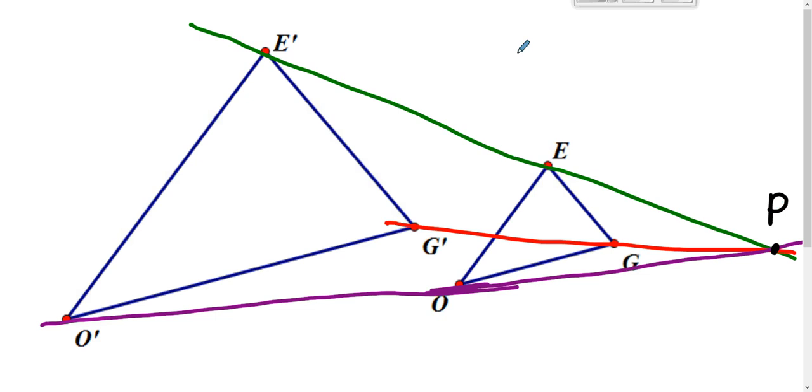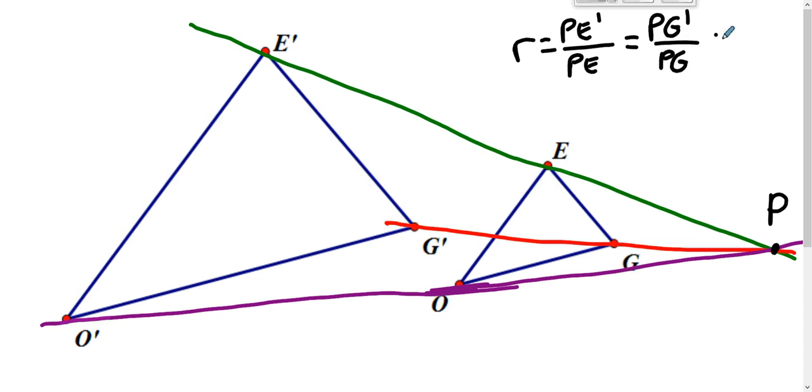What's R? R is PE prime over PE, or if you like, PG prime over PG, or if you like, PO prime over PO. It doesn't matter. Those ratios are the same, and it gives us a method to find centers of dilations.